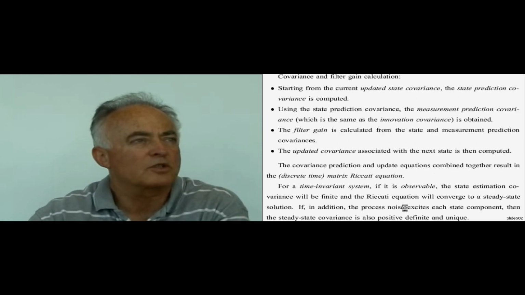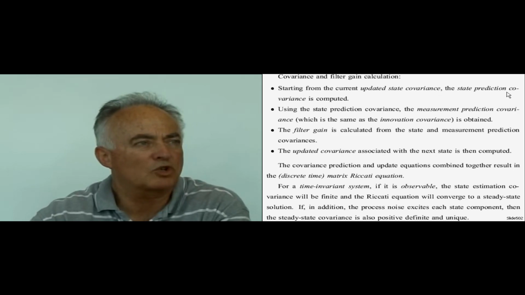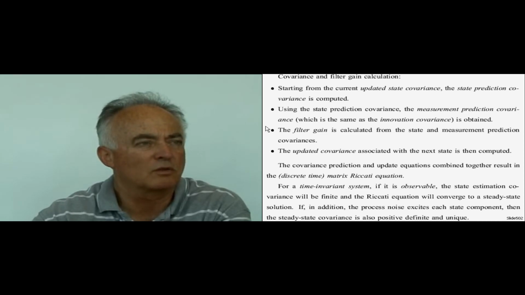And the covariance and filter gain calculations are done starting from the current updated state covariance. We obtain the state prediction covariance, so the one step ahead prediction covariance for the state. With this state prediction covariance, we evaluate a measurement prediction covariance, which is, as we have shown, the same as the innovation covariance.